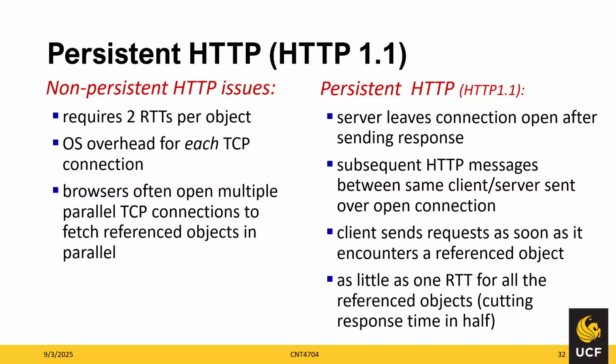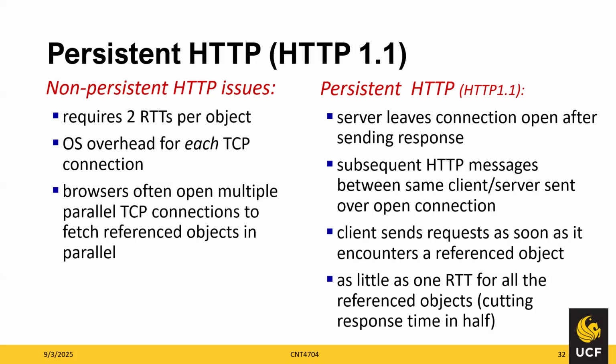There could be some issues that arise with non-persistent and persistent. For non-persistent, it requires, like we said, 2 RTTs, one for setting up TCP and one for the request and response. Sometimes the OS adds overhead. Opening and closing too many TCP connections consumes extra resources, from both the client and the server.